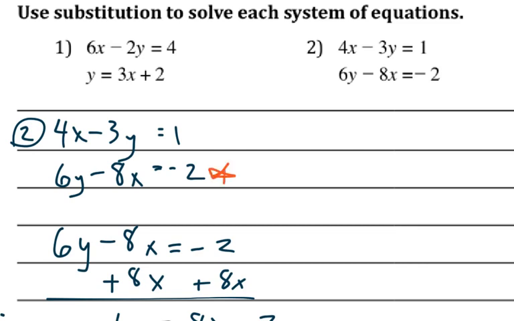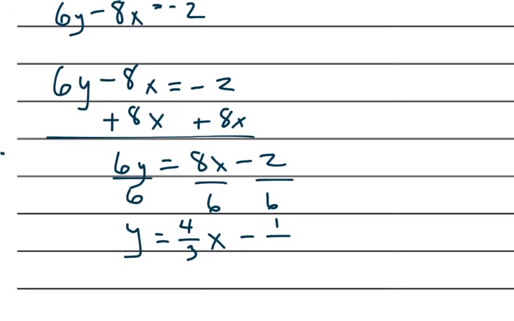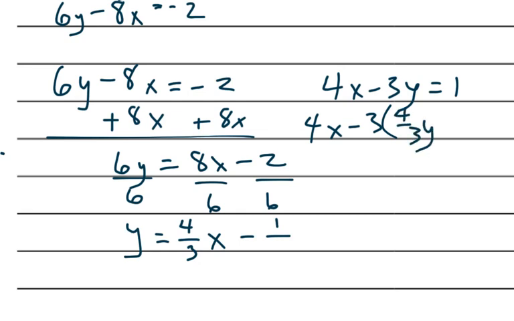It came from the second equation, so we're going to plug this into 4x minus 3y equals 1. Now I'm going to substitute in what we found out for y, which is 4/3 x minus 1/3. And we're going to see if that's equal to 1.